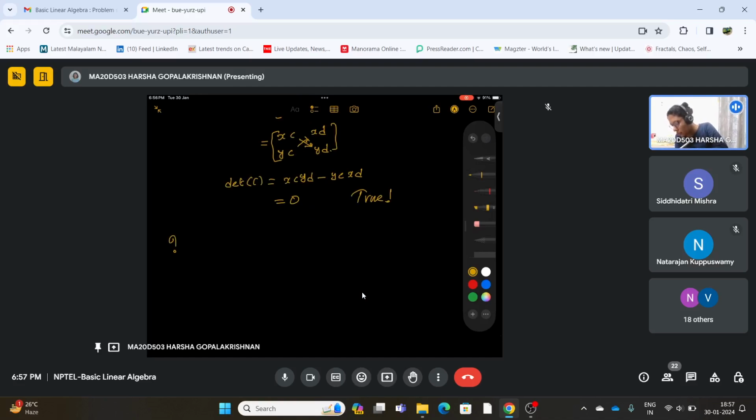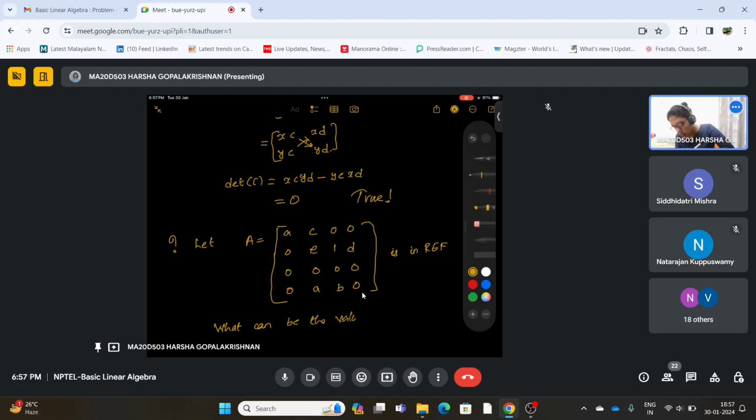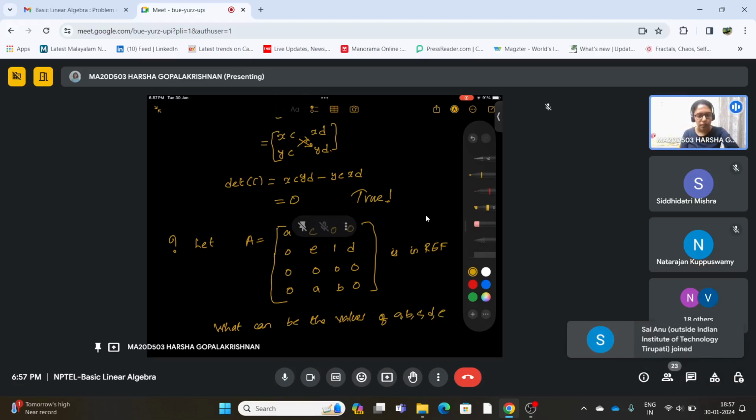Now the next question is, let A equal, so there is one matrix in this form.